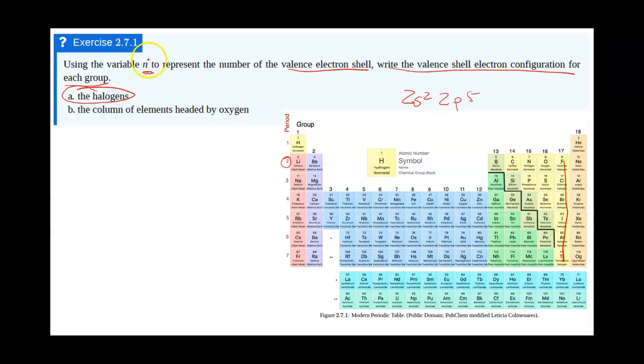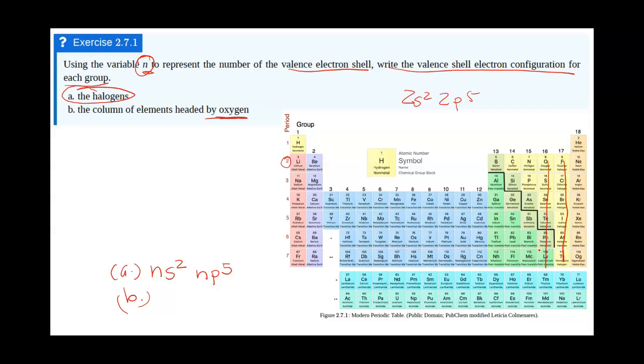Now we're asked to use the variable n, so being generic for any halogen, because they all have the same valence shell configuration regardless of the row of the periodic table, the electron configuration would look like that: ns2 np5.